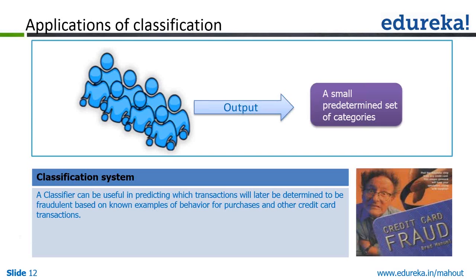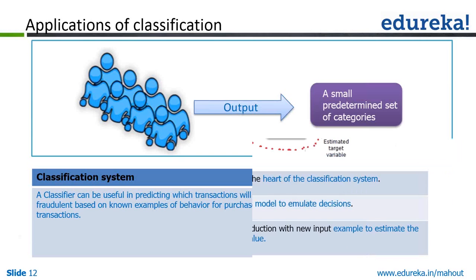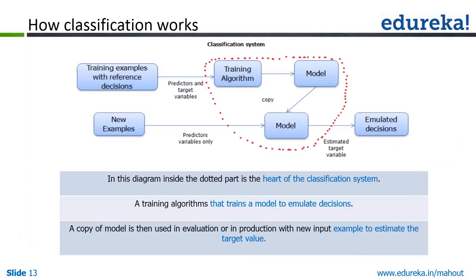And how it works: in these applications also, there are only two main phases. You will create a model produced by a learning algorithm. There will be a learning algorithm which will produce a model, and you will use that model to assign new data to the categories. Okay, we'll move to the next slide and see how it works.